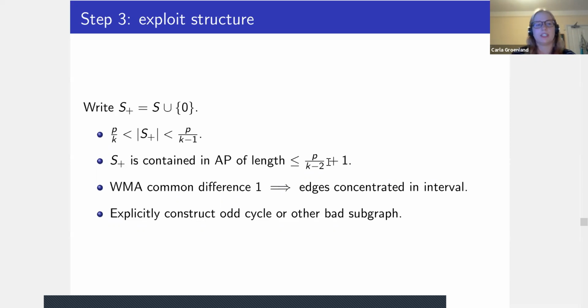And this information we then use to construct either an odd cycle or an even cycle with one thing pointing to it. So there's a bit of case analysis that goes into that. And then finally, all this works for us whenever k is at least 8, and so we can prove our conjecture in that case.